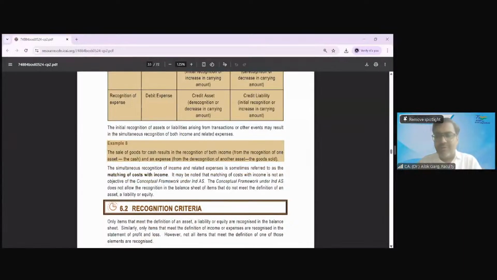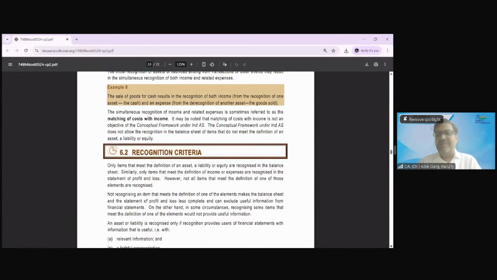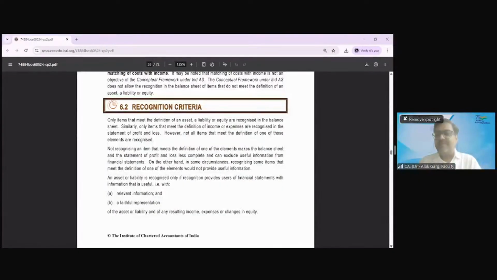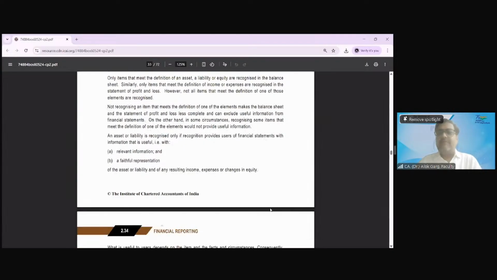Should I need to read every line? No, sir. Talking about the recognition criteria, the standard says that an asset or liability will be recognized only if the recognition provides users of the financial statements with information which is useful.